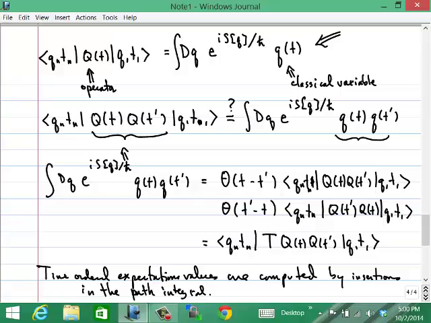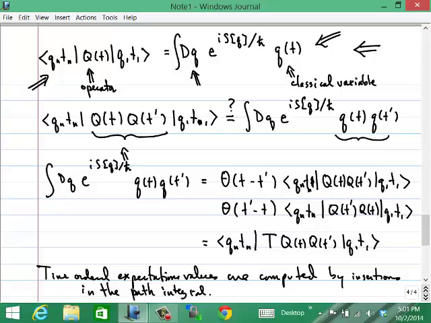Okay. You mean, okay. So let's just look at this expression here. Let's look at the right-hand side of that equation. Okay. What is this? This is a sum over all functions q of t. Okay. By classical variable, I mean a function. So for example, on the left-hand side here, I have a bra and a ket, which are elements of a Hilbert space and a dual Hilbert space, and I have an operator which acts on that Hilbert space.